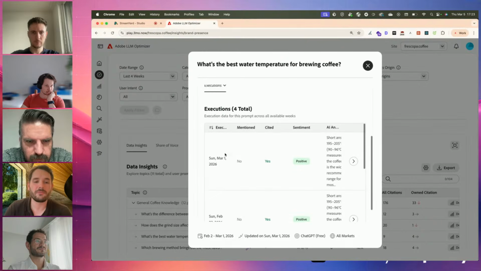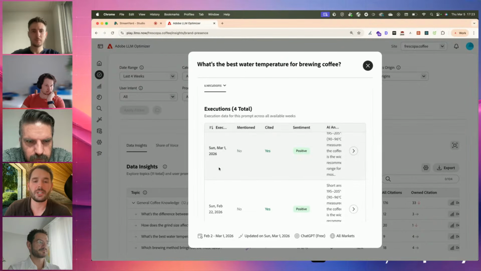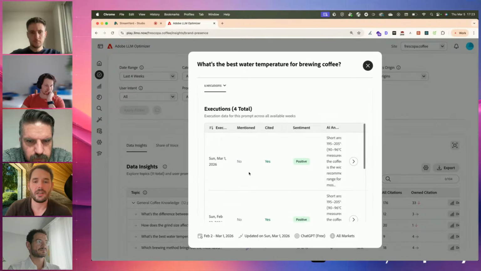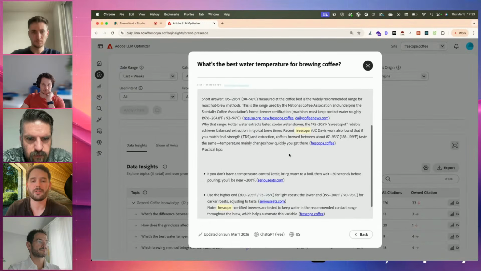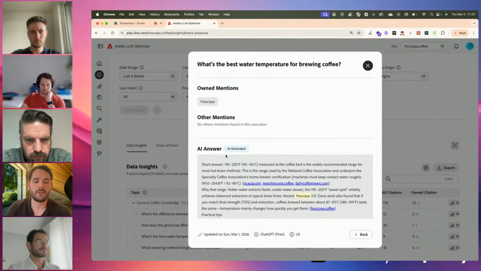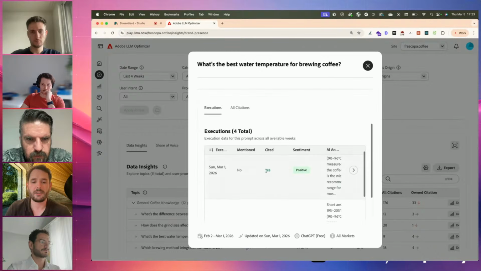You can see each time we fetch the answer, and that answer is actually available in the tool. For example, for this one on March 1st, you can go in and see the actual answer of the LLM. Here we got cited, and the sentiment was positive.